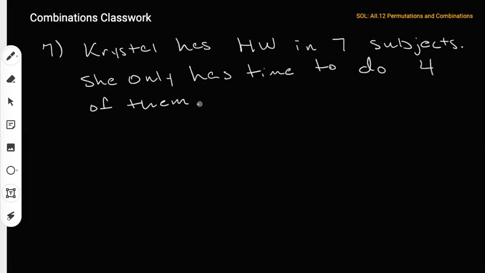So we're given 2 numbers, 7, that's going to be my total, my n value, and we have 4, that's going to be my choosing value. So I'm basically taking 7 subjects, and out of those 7, I'm choosing 4 of them. So that's going to be 7 combination 4, 7 choose 4.